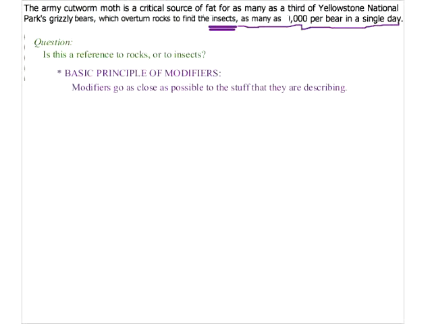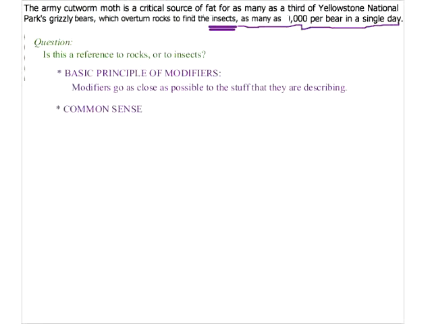If it weren't, then think how much gymnastics you would have to do to say anything. So we're talking about the insects. And a very, very basic principle upon which basically every modifier works is that you put it as close as possible to stuff. And then as far as this, there's also common sense.